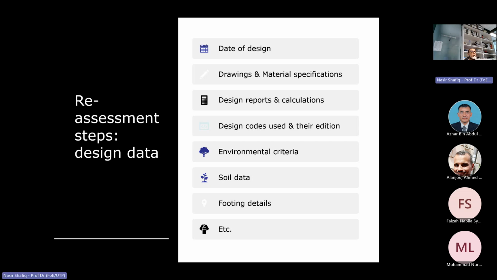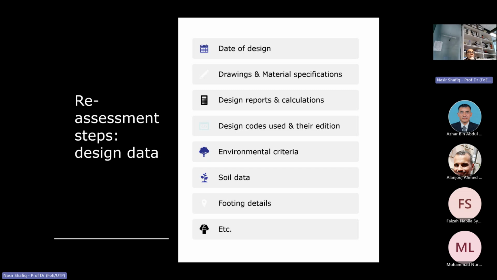When you are doing reassessment of a pipeline, for the desired operating condition, we need this information from the past. Date of design, when it was designed. We are not interested in the date itself, but in what the condition was during that date and what the time period was, how it has gone, and so on.